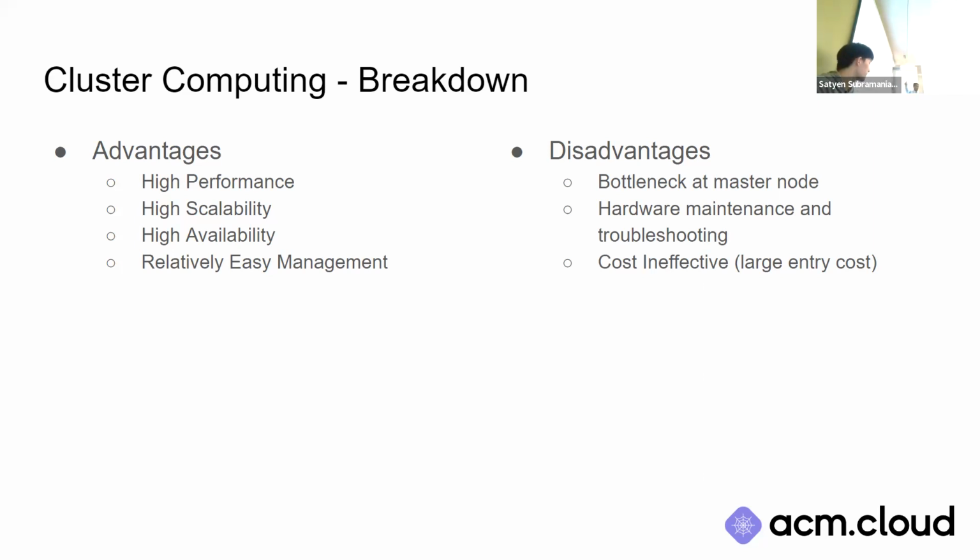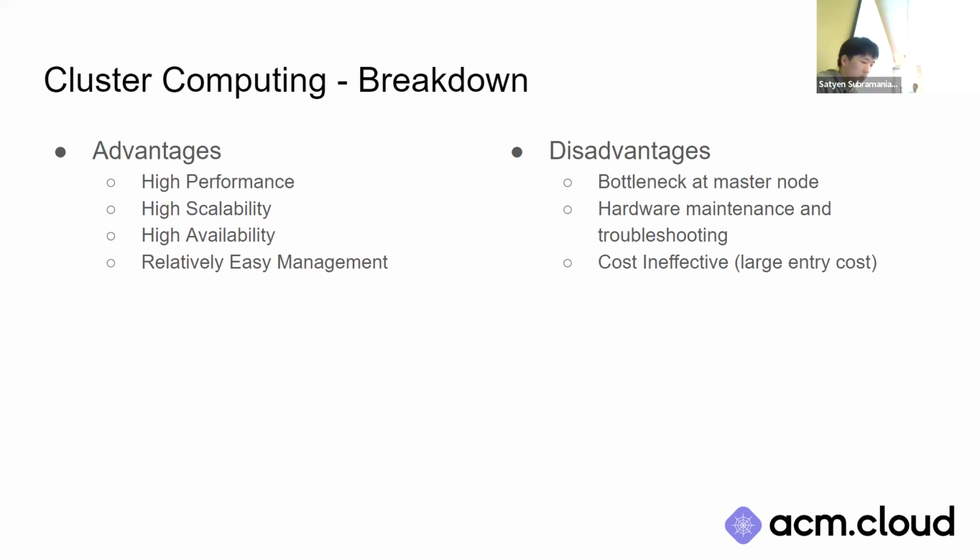We have high scalability, at least if we can physically add additional servers. We'll get back to that in a bit. We have high availability because different users can access it without any issues. And we have relatively easy management because it's all in one location, right? We can physically walk there and configure our server as we need to.